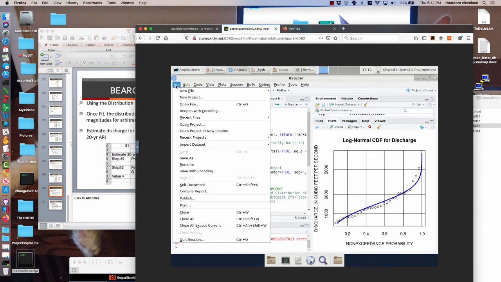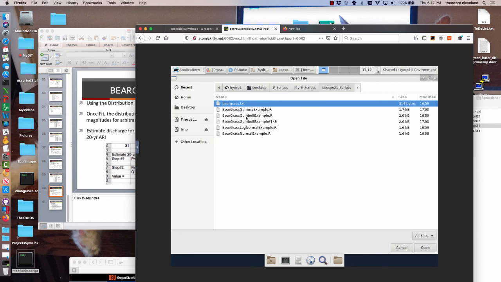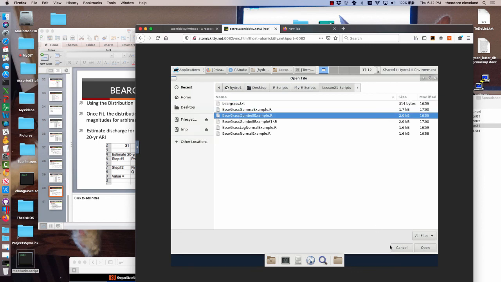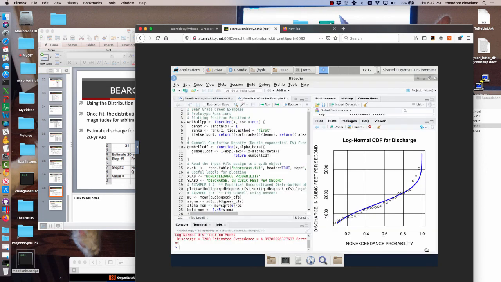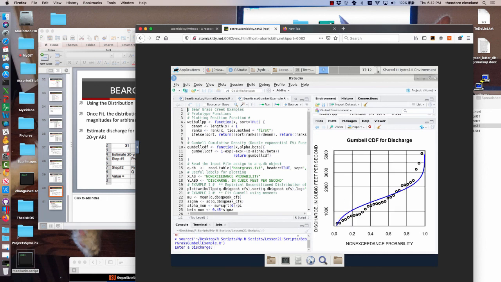We have two more, the Gumbel and the Gamma. So let's go ahead and look at the Gumbel example. So there's our Gumbel distribution. The pictures all look quite similar.